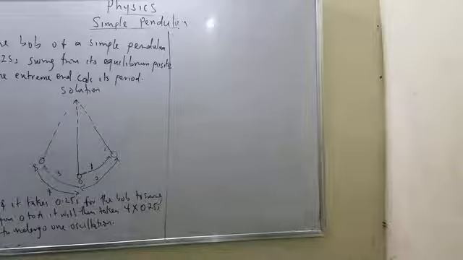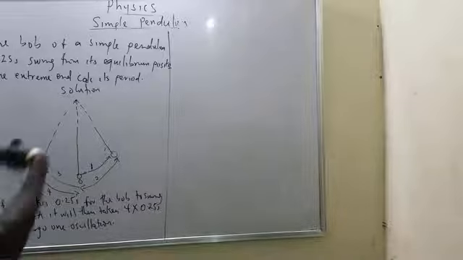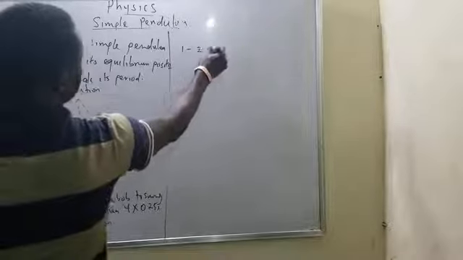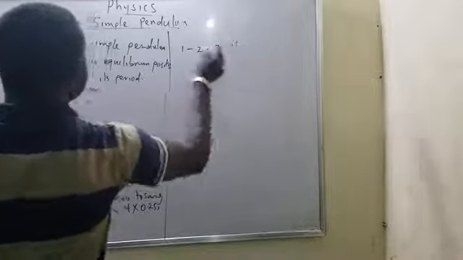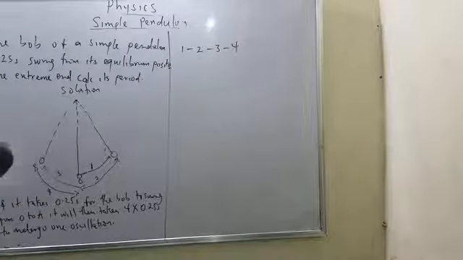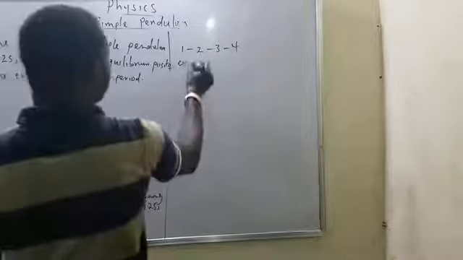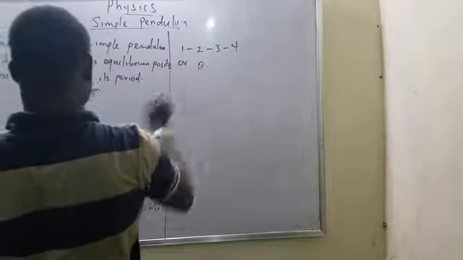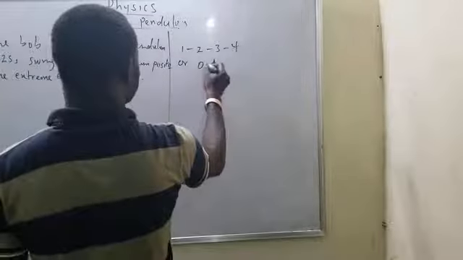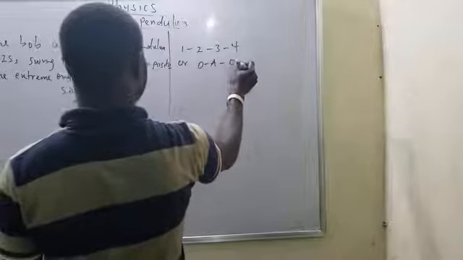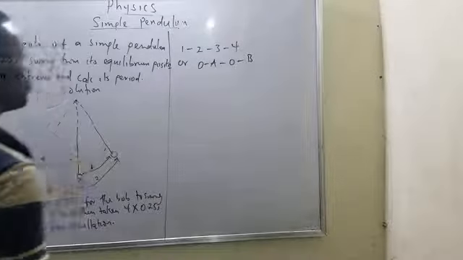We all know that 1 to 2 to 3 to 4, that is just how it is. Or you have it as O to A to B to O to B. Anyhow you want to do it.